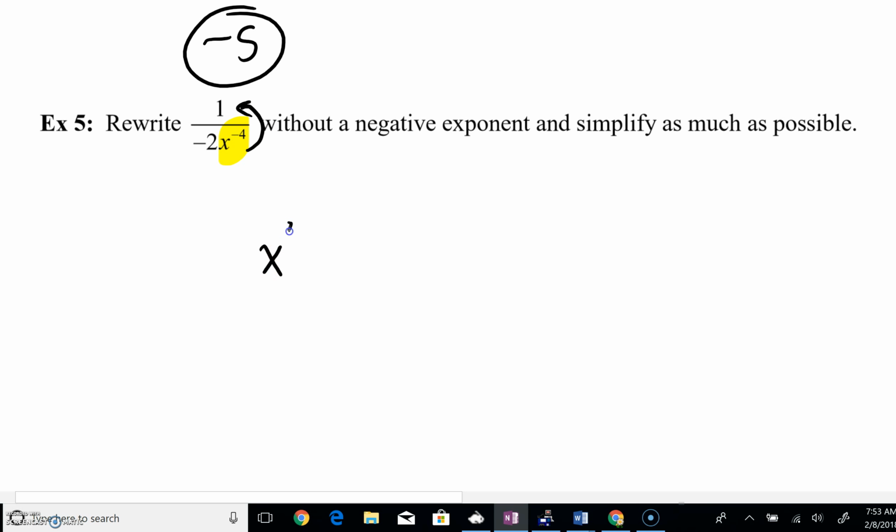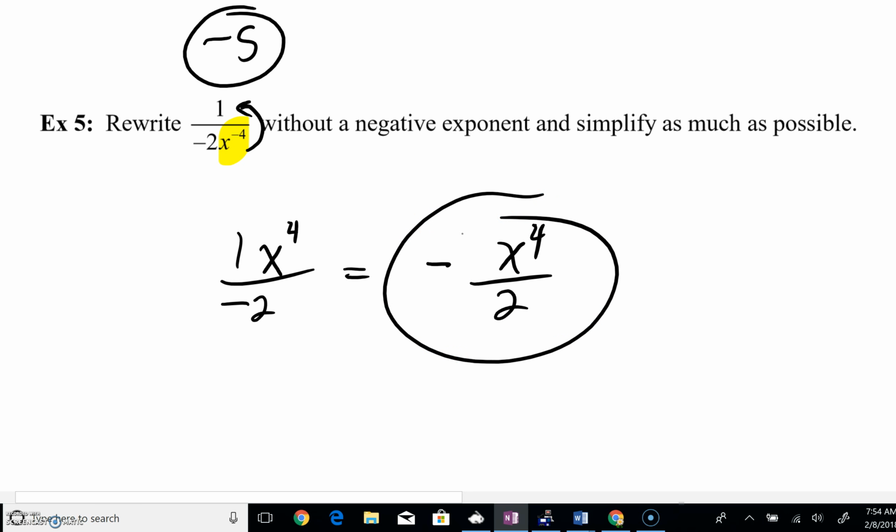And then you're going to have a new power of positive 4. Now, by the way, I would probably just write that as x to the 4th all over 2, and you could put a negative out in front, because when you divide by a negative, you just get a negative. Okay? And that's the lesson today.